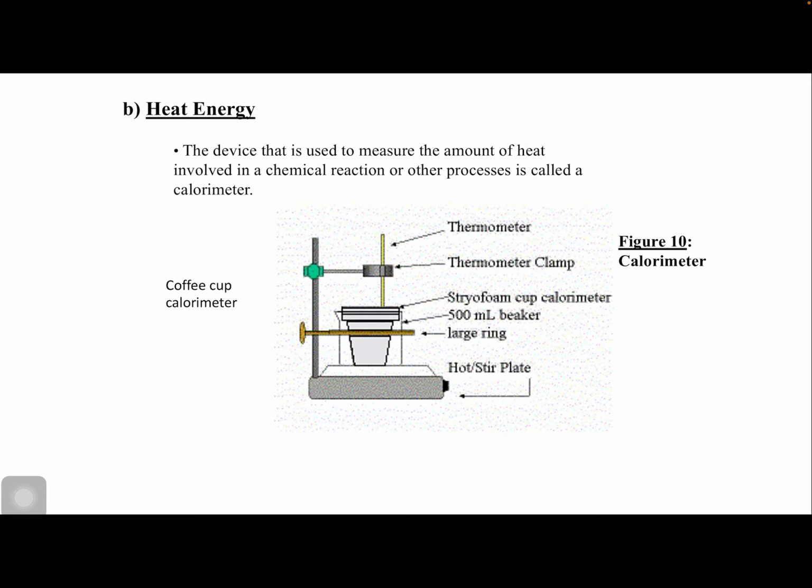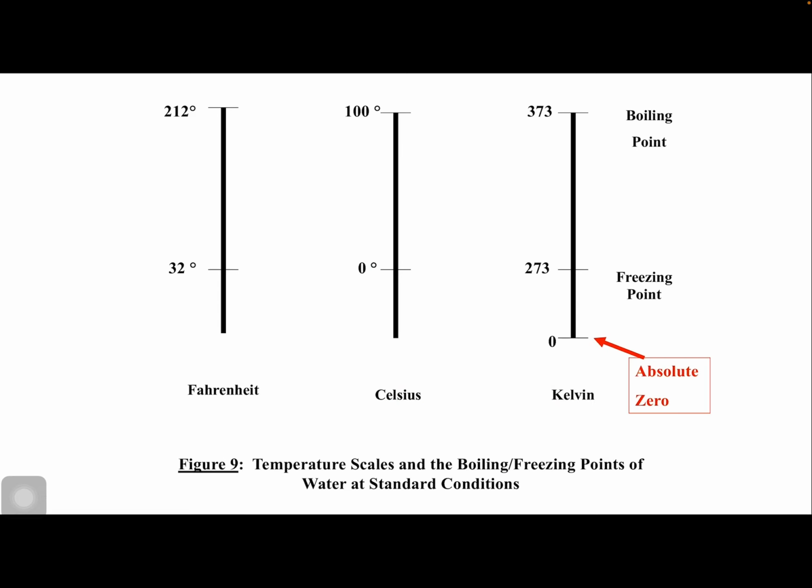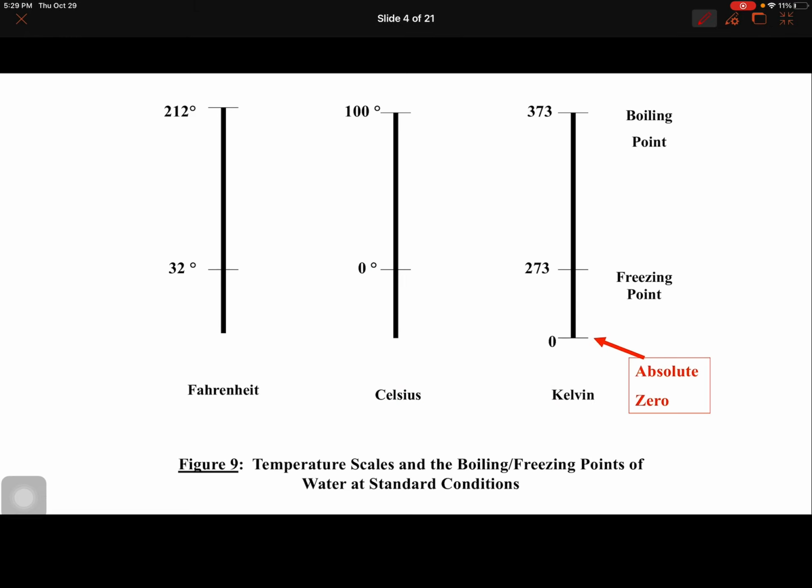So, by the way, one more thing I want to talk about before I move on to my calorimeter. To get your Kelvin value, you're going to take your Celsius and add 273, and that's equal to your Kelvin. So you might be thinking, Miss Wiswell, oh no, how am I supposed to remember this formula? 273 is such a random number. Don't worry.